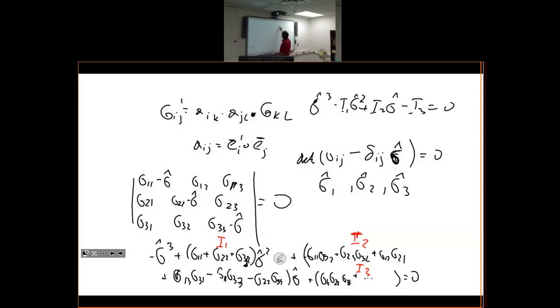I1, I2, I3 are invariants for any stress in any particular coordinate system. They are always the same. And therefore, you will get sigma 1 hat, sigma 2 hat, sigma 3 hat, which are the principal stresses.